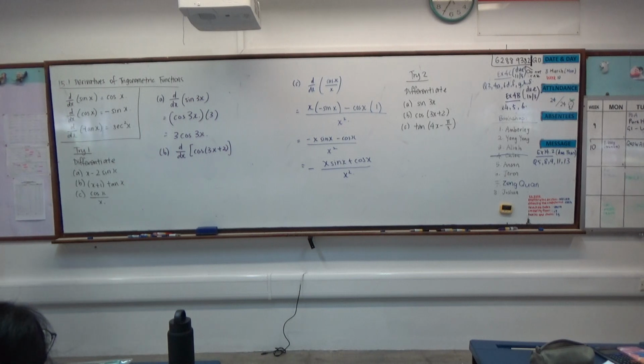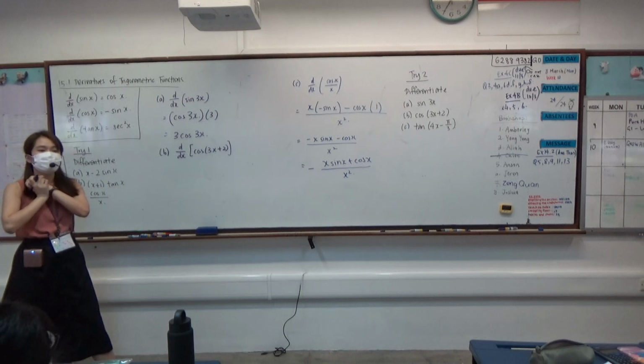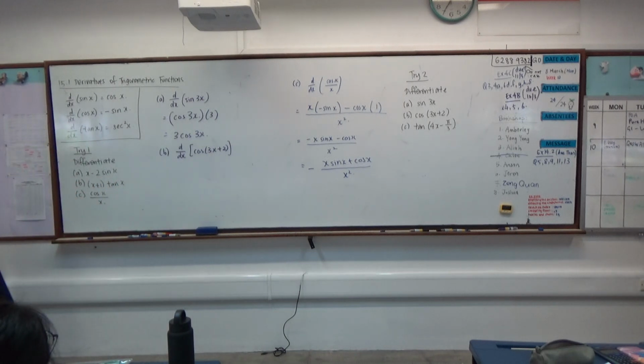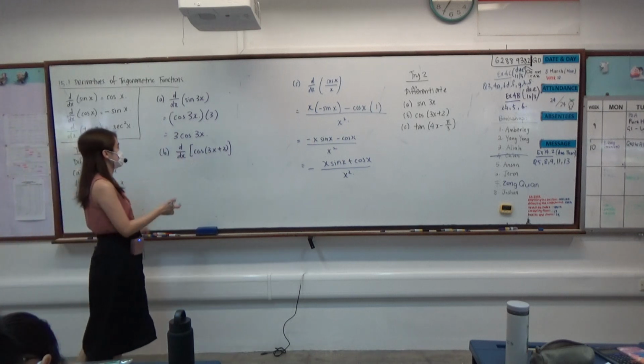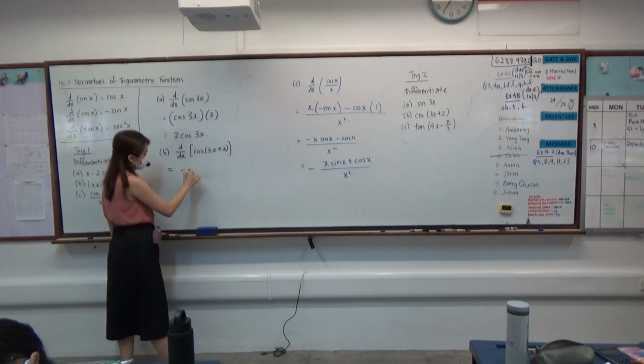Then part B, we want to differentiate cosine 3x plus 2. Maybe we give it a try. Nicole, what do you think it is going to be? If I differentiate cosine, what does it turn out to become? Negative sine.